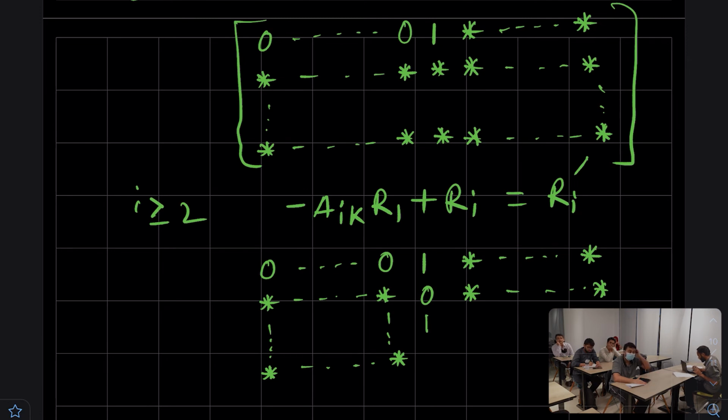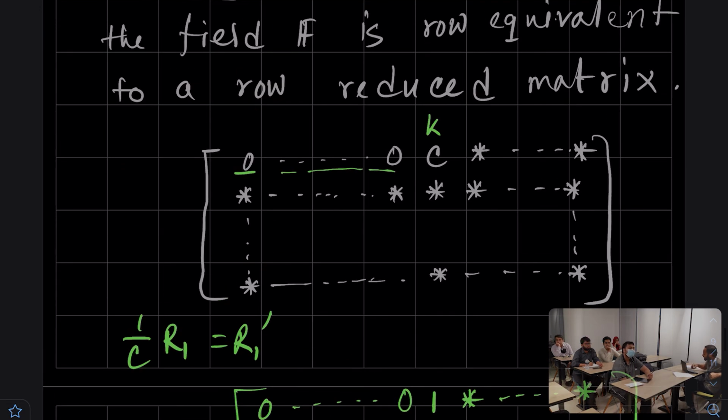If the star under the 1 in the first row is already 0, then we don't worry about it. We don't have to do anything. If that is non-zero, then we apply this operation to make that 0. In the first case, I considered that this row is just 0, and then I don't have to do anything.